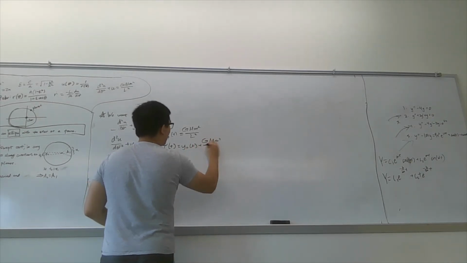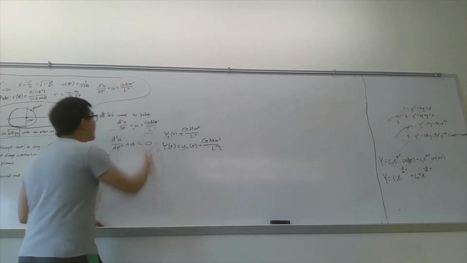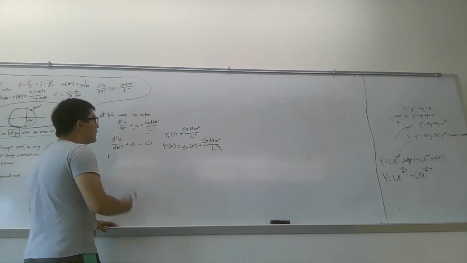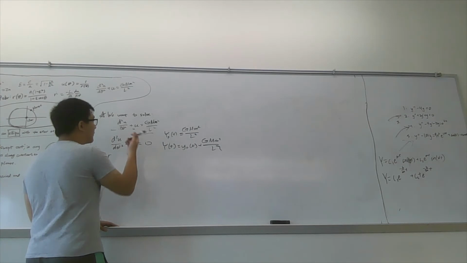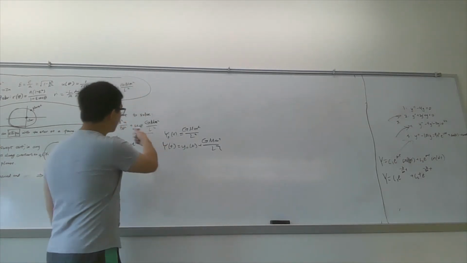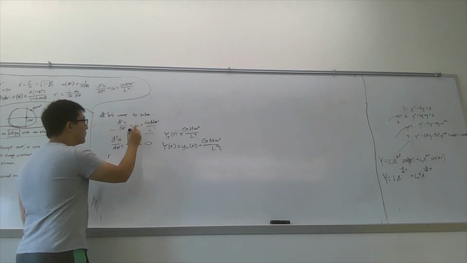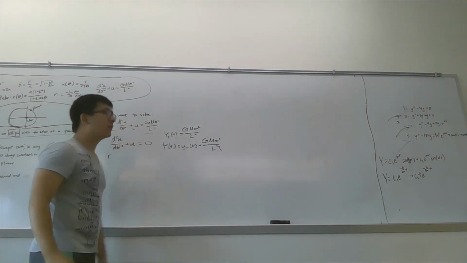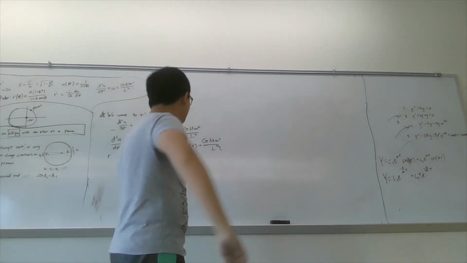It's a constant, so you take the derivative, it's going to be 0. Plug this in, and this will go to 0, this will just be this, and therefore the equality is satisfied.